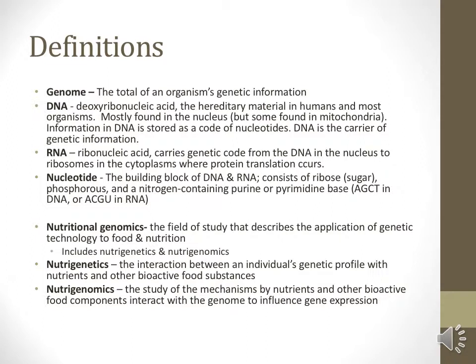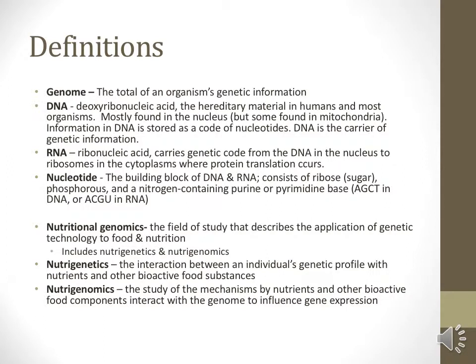RNA is ribonucleic acid. This carries the genetic code from the DNA in the nucleus to ribosomes in the cytoplasm where protein translation occurs. So the DNA is coding, it's giving instructions on what protein to build, but that protein is not formed in the nucleus.